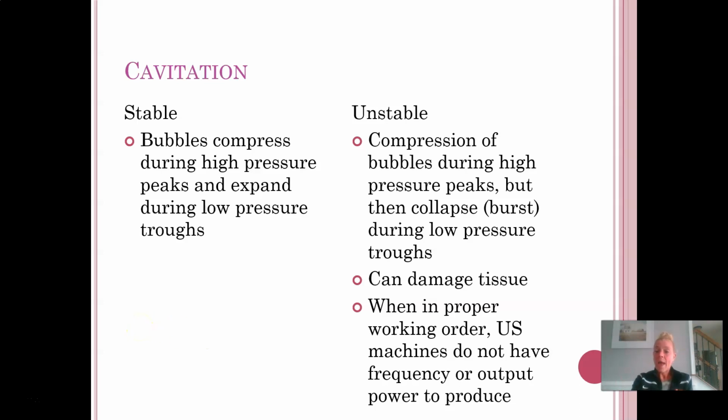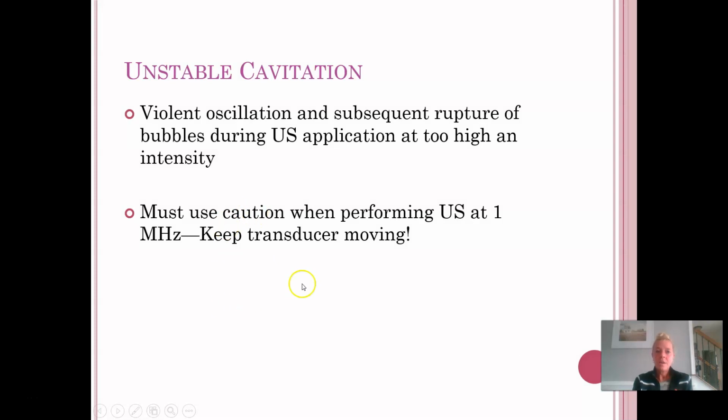So again, just going back to the previous slide. Unstable cavitation is that oscillation and rupture of bubbles that typically happens if the ultrasound is at too high of an intensity. We haven't talked about intensity yet, but we will. It's one of the other 4 major settings that you're going to set into the machine.